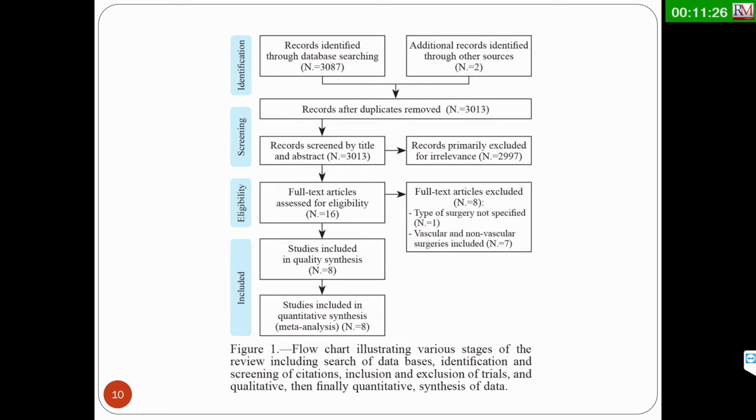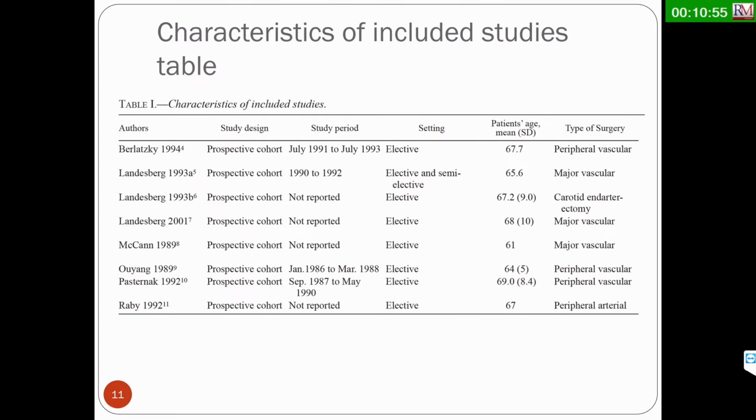Here we got how many studies from the basal search, then you remove the duplicate studies, then you screen studies by title and abstract, then you remove whatever you think is not relevant, then you do the full search, you read the articles you think important, then you exclude some, then finally you get these studies for the systematic review or the qualitative synthesis. If there is adequate data, you will include them in this meta-analysis or quantitative synthesis.